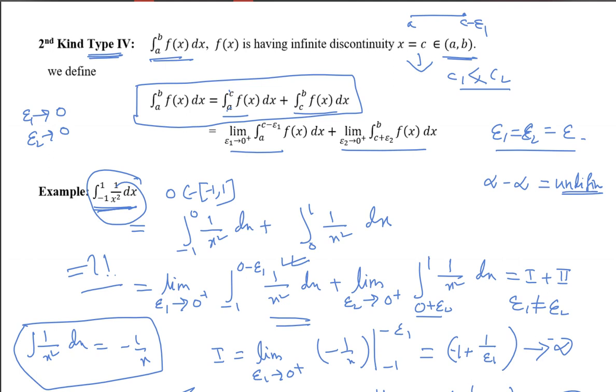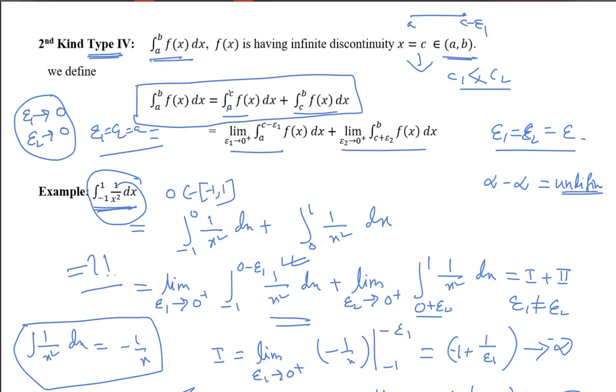But if you consider a particular case, this is the general case. If you choose a particular case and you get some value, that is known as the Cauchy's principal value.